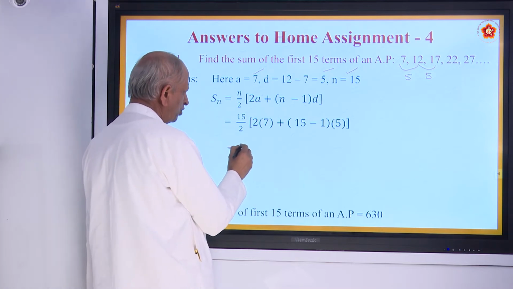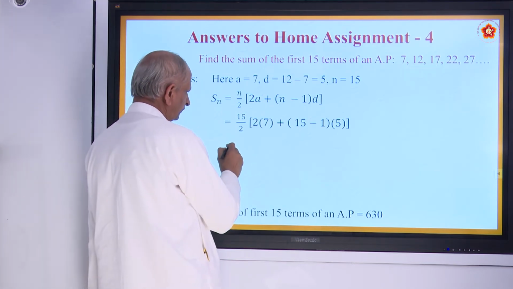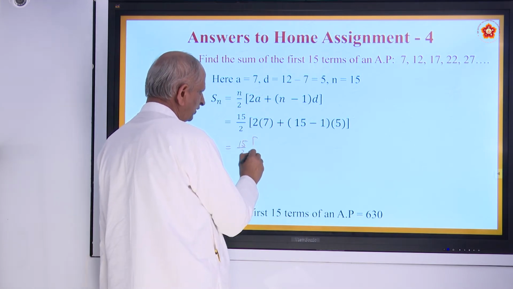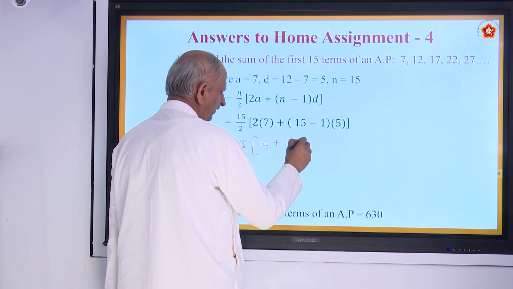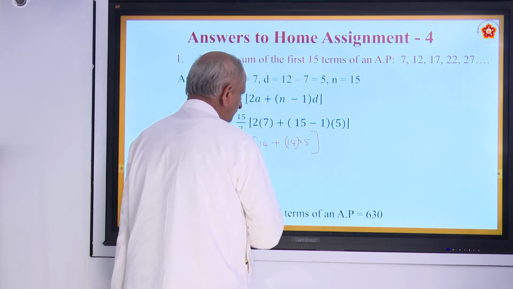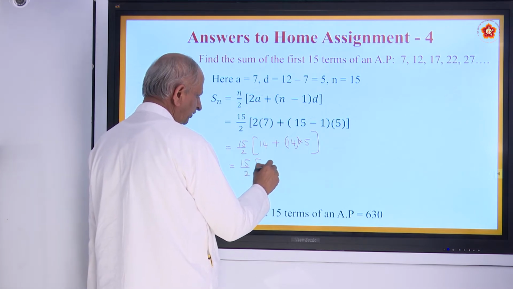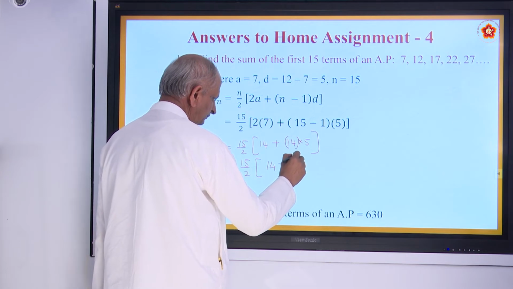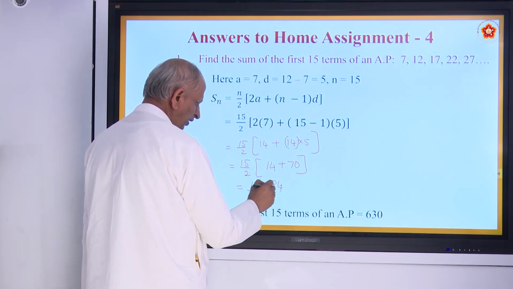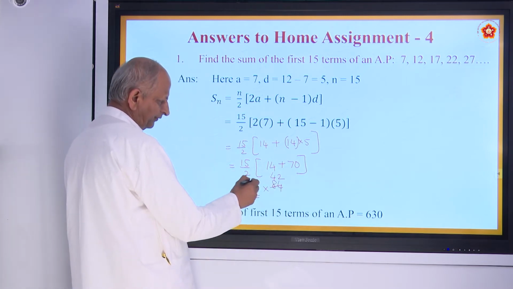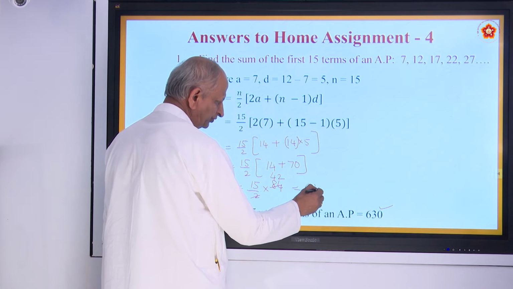So if you just apply, this will be equal to 15 by 2 into 2 sevens are 14, plus 14 into 5, that is 15 by 2 into 14 plus 70, that is 84. 15 by 2 into 84: 2 ones are 2, 42 twos are 84, multiply. 15 2s are 30, 15 4s are 60 plus 3, it comes to 630.